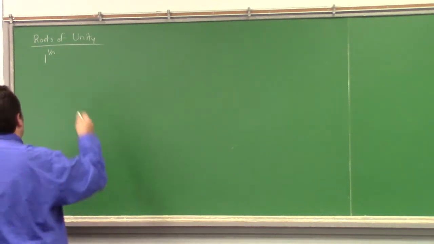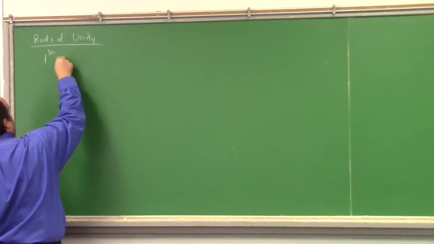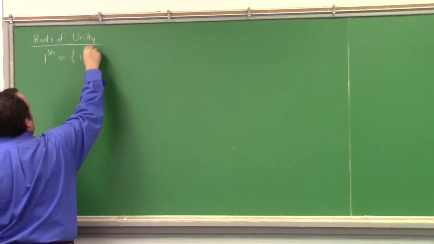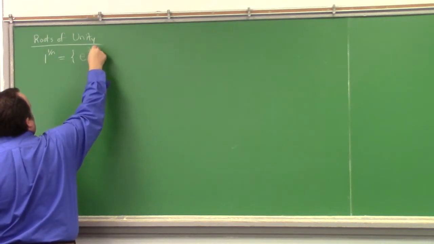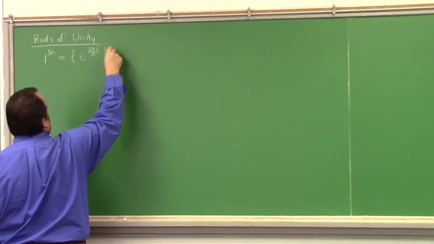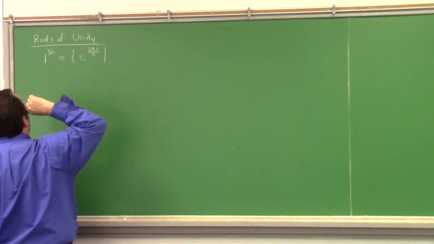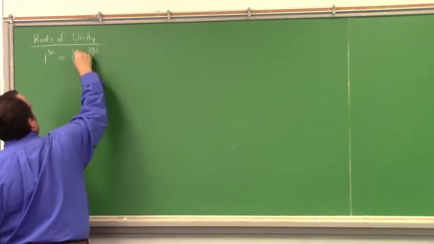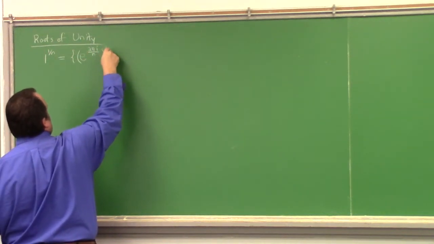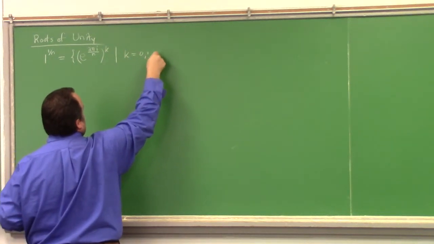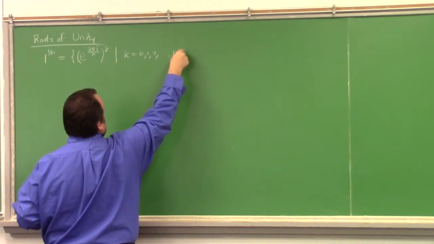It is e to the 2 pi I over n, oh, my bad, I'm missing a k here, raised to the k power, okay? Such that k equals, let's say, 0, 1, 2, all the way out to n minus 1.